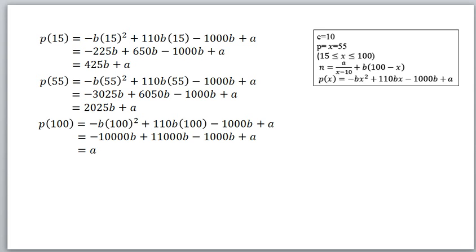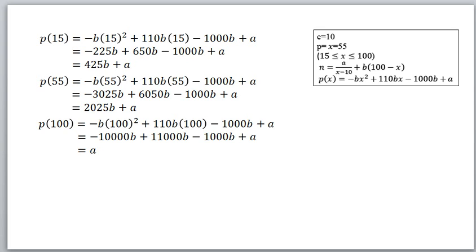Finally, to check that 55 is in fact the correct answer, which gives us the maximum profit, we are going to fill in three numbers for the equation P of X. Since we know x has to be somewhere between 15 and 100, we fill in these two numbers, and we will also fill in 55 for x. Then we can clearly see which will give us the maximum profit.